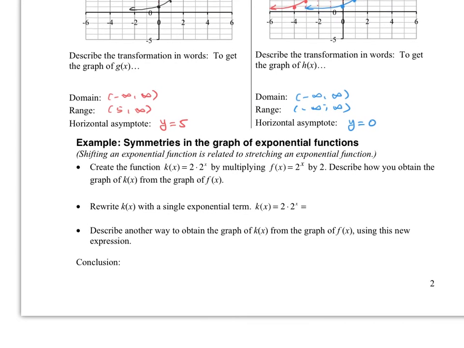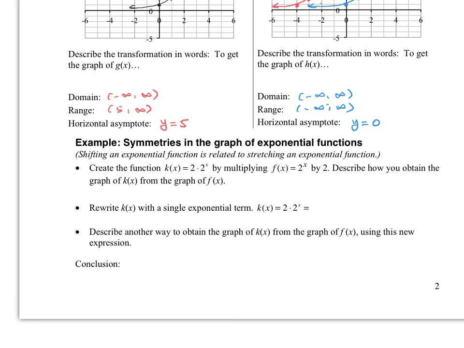Now, exponential functions have a particular thing that other functions don't have. The main property is this: that shifting an exponential function is related to just stretching an exponential function. For example, if you multiply this just by the base, which is 2, then you get the following function.